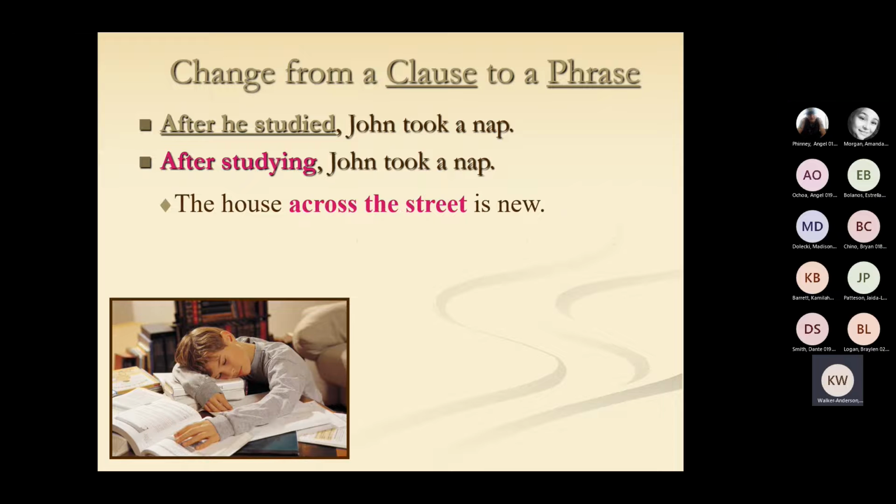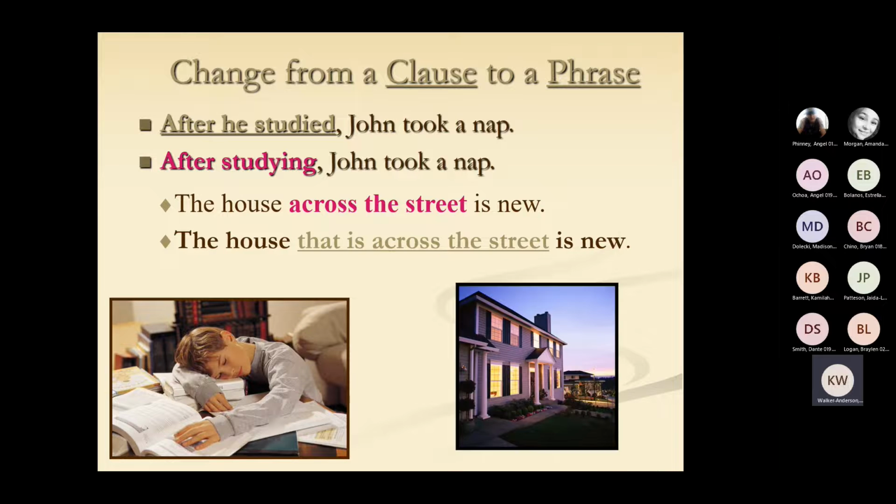The example is the house across the street is new, changed to the house that is across the street is new. Now that one, there's still a lot of similarities, but for the purpose of the examples, it just shows you the different forms between clause and phrase.